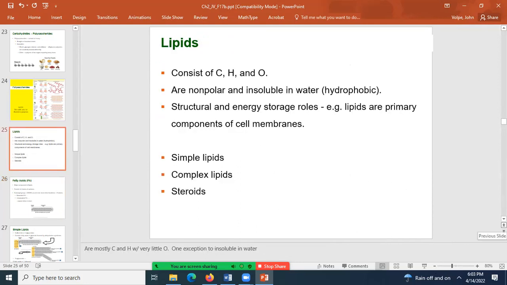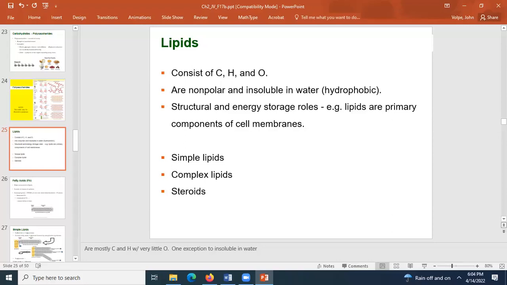Lipids are, with one exception, non-polar molecules and insoluble in water, meaning they are hydrophobic molecules, with one exception. Lipids are the structural and energy storage molecules for cells and for organisms.